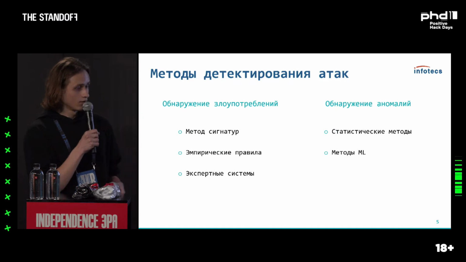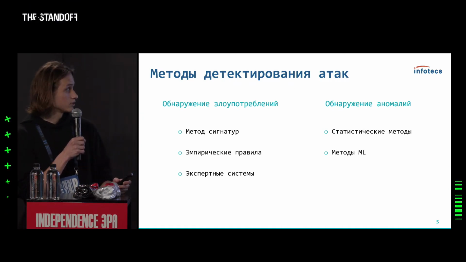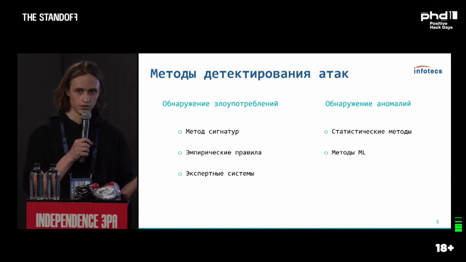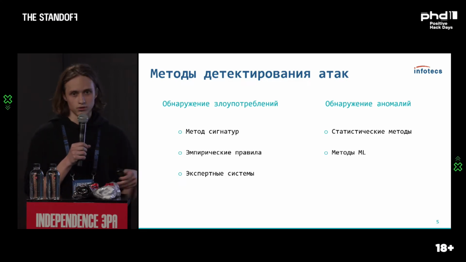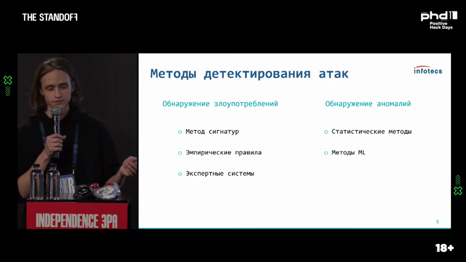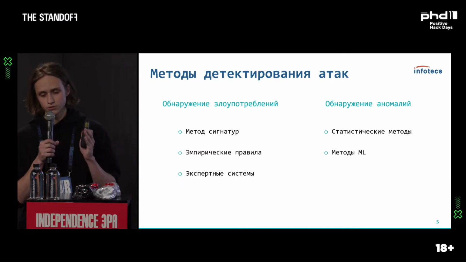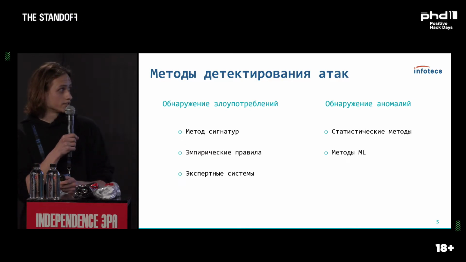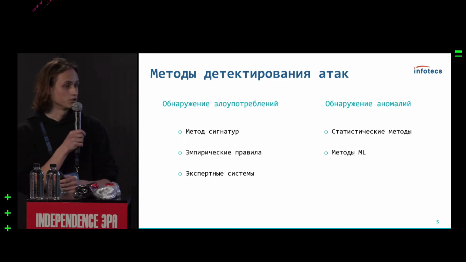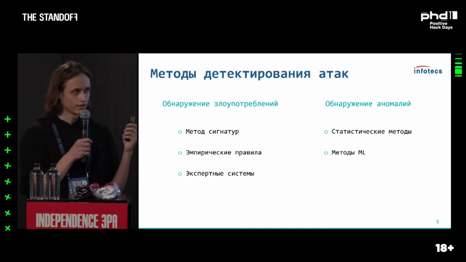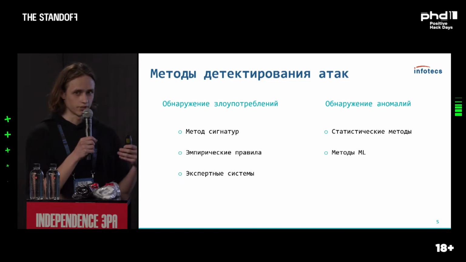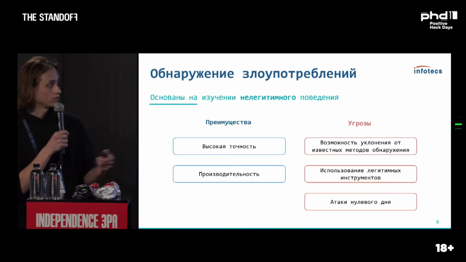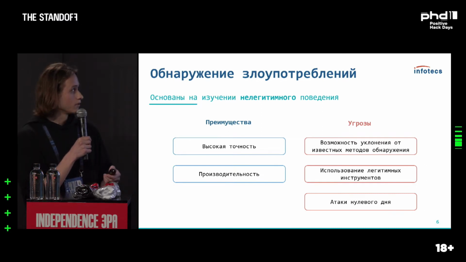Let's talk about them. These methods are split into two: violations detection, like signatures, empiric rules, expert systems, and anomalies detection, statistical methods and machine learning methods. The key difference between these two approaches is the information upon which these methods are based.